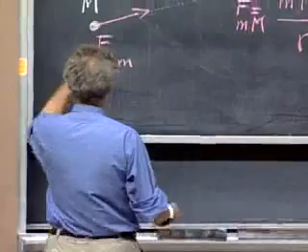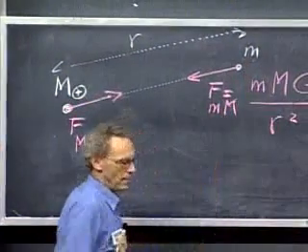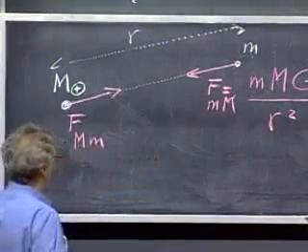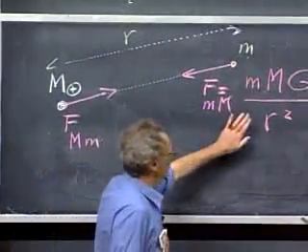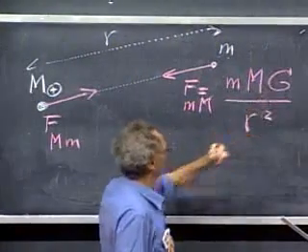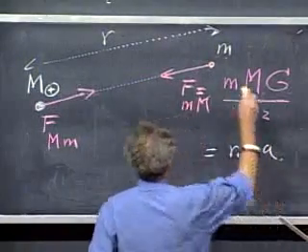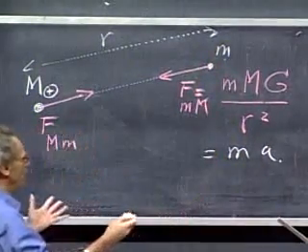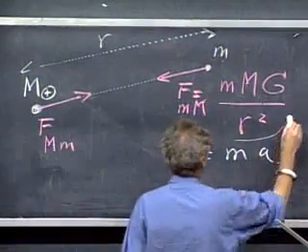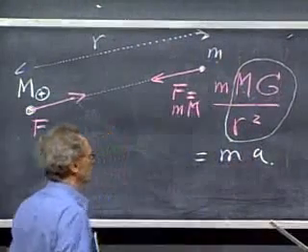If this were the Earth, and I am here, this is my mass, then I experience a force which is given by this equation. This would be then the mass of the Earth. Now F equals ma. So if I'm here, I experience a gravitational acceleration, and the gravitational acceleration that I experience is therefore given by GM divided by r squared.